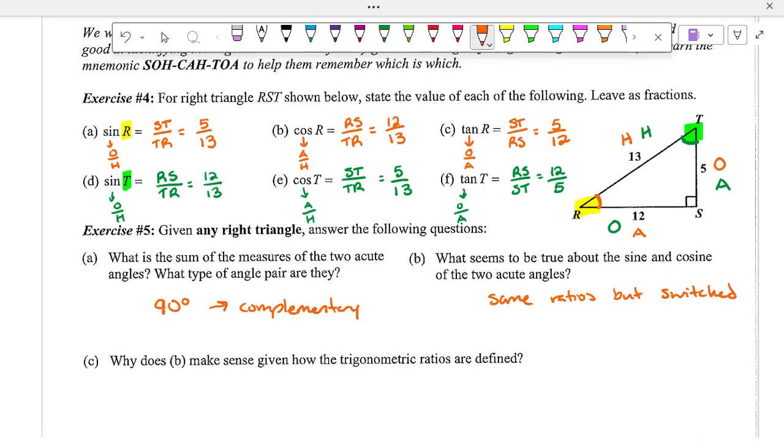So that makes sense that they would be flipped. All right. So hypotenuse stays the same for both, but opposite and adjacent switches based on the reference angle.